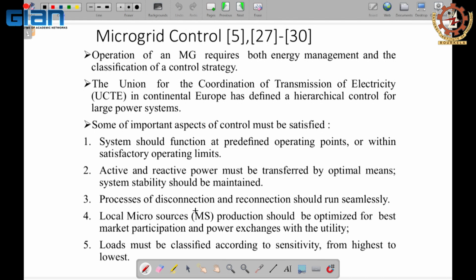There could be many countries where this type of problem can occur, so whatever the situation, we have to maintain our power system in the best possible way.